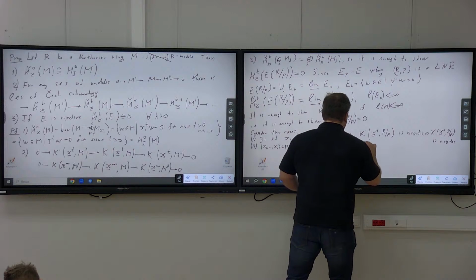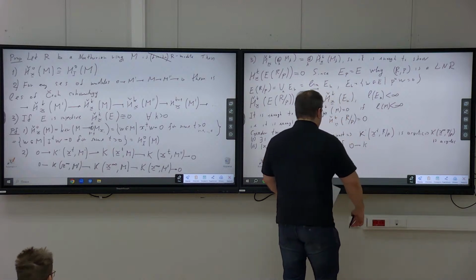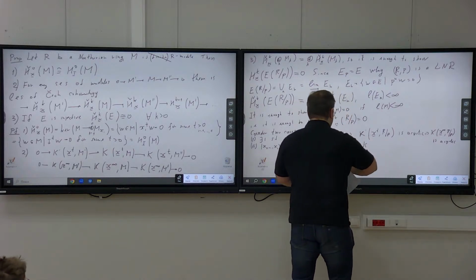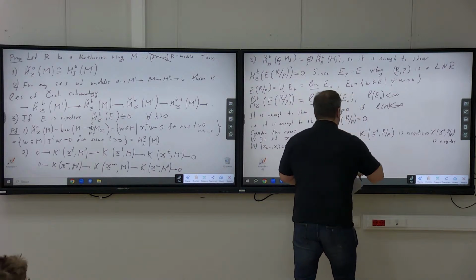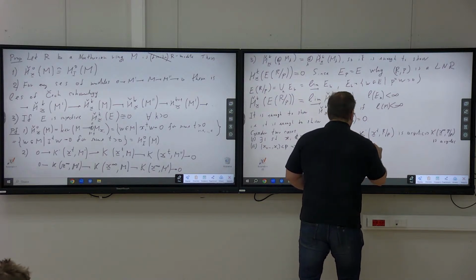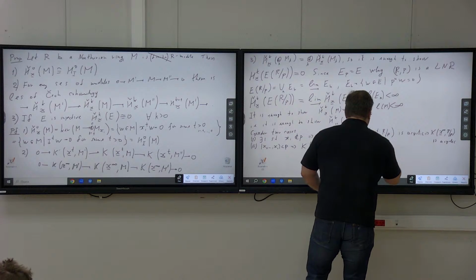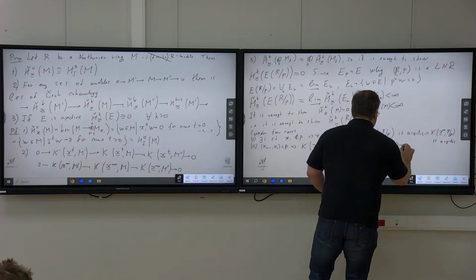I'll get 0, then in the degree 0 part, I'll get k, well, k is R modulo P. And then all the other terms in this complex are zeros. There is nothing else but zeros here.